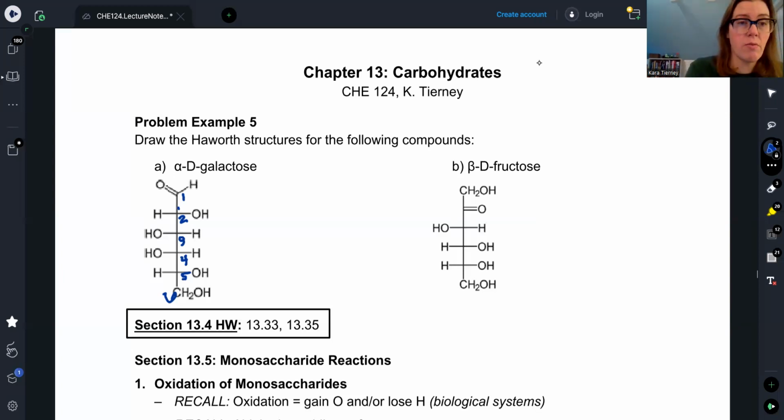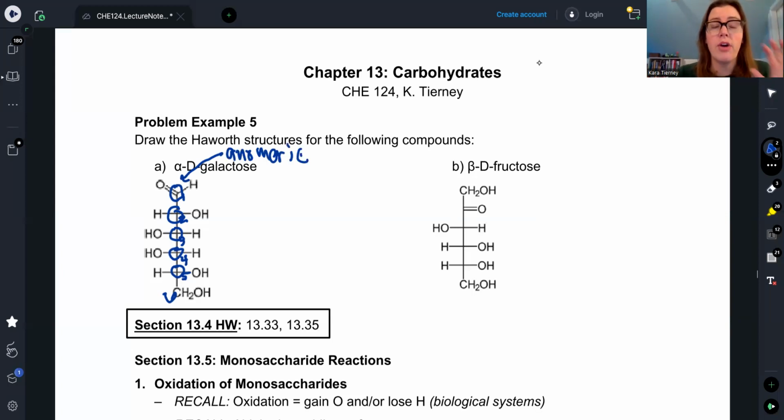So we have 1, 2, 3, 4 chiral carbons. The carbon in the carbonyl group, the C double bond O, will become chiral when we put it into the ring, so that will always be included in the ring. And this is what is known as the anomeric carbon. That one is important.